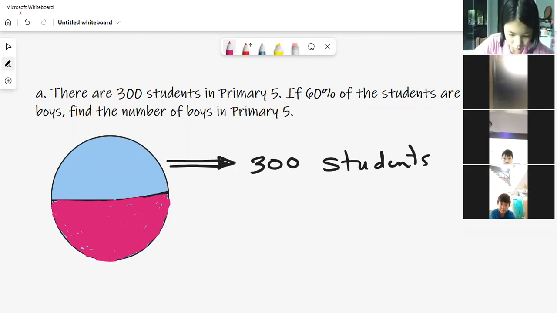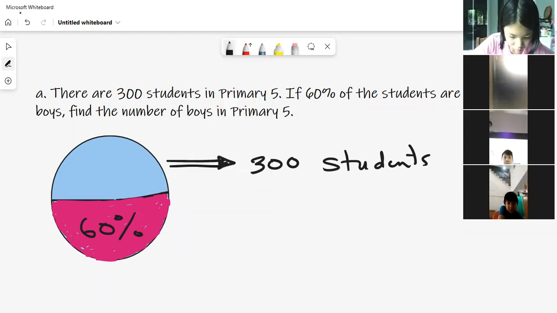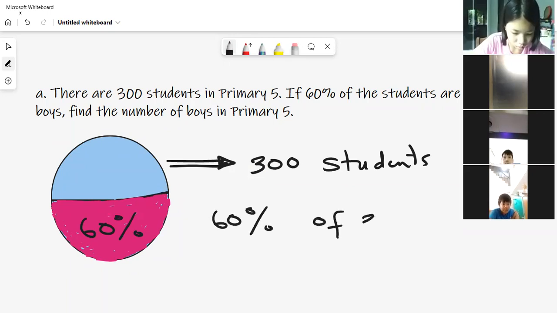This one here is 60%. Okay, that is the equivalent for boys. So here it will become: what is 60% of 300? Am I right? How many is 60%? It's like that.